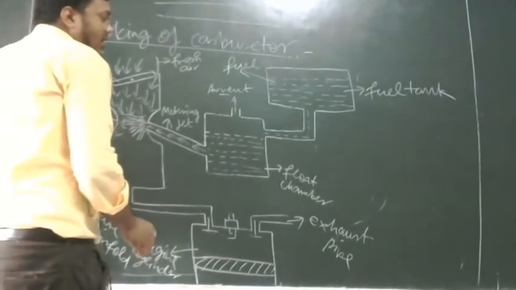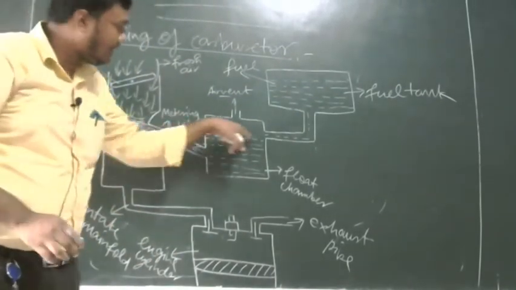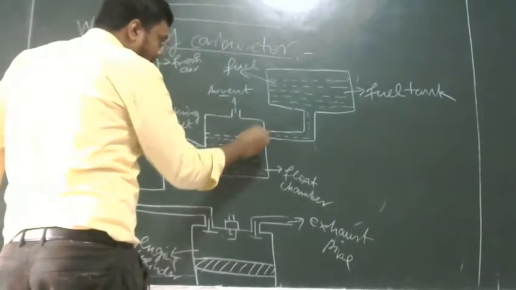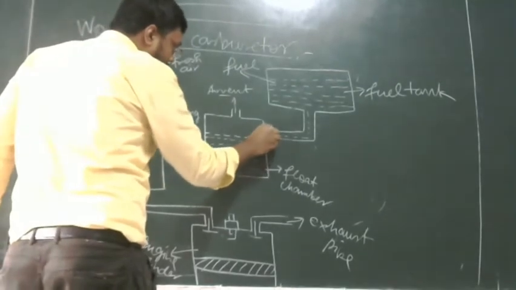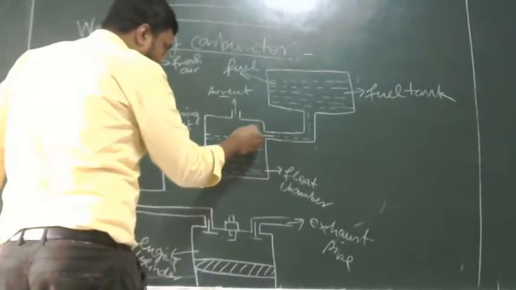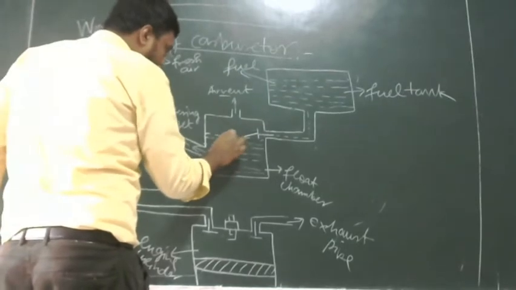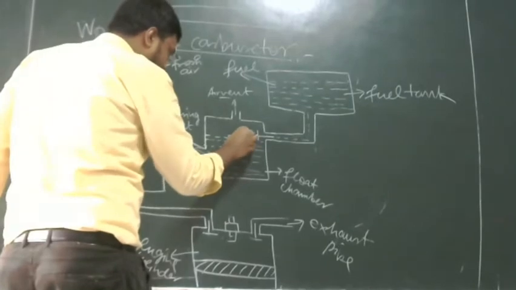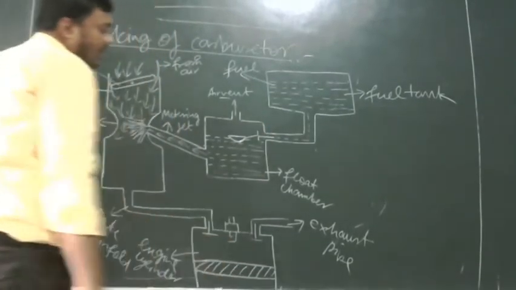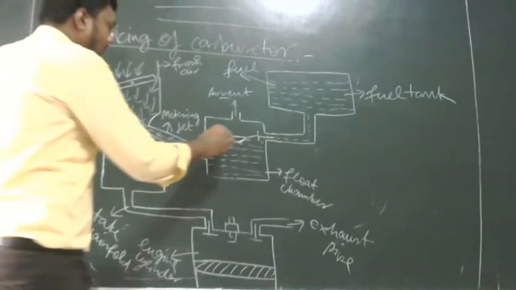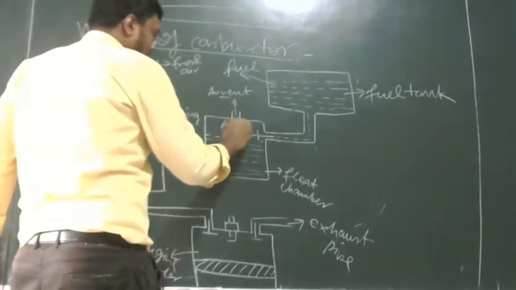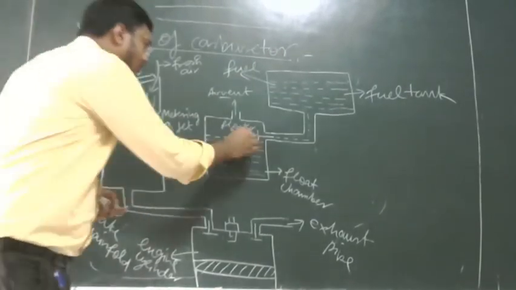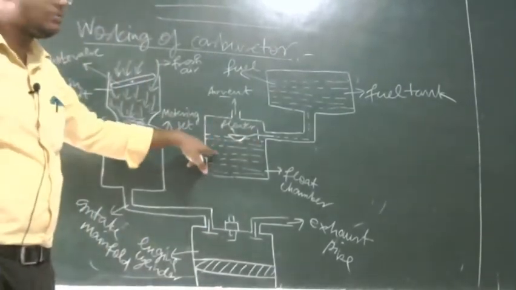Now this level should be maintained at a certain level. To maintain that level, here we have connected a valve which is known as the floater. Now this floater will float above the fuel.